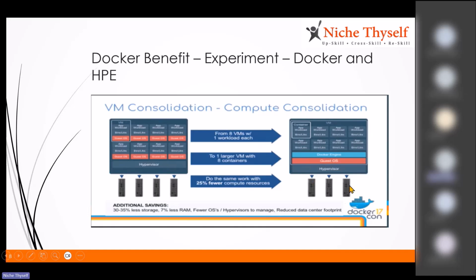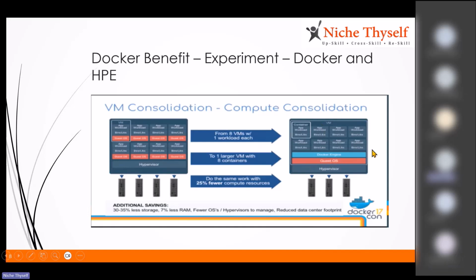Now here, this is my one single server, consisting of multiple hardware, and I'm running VMs on top of it. You can see here, this is the hypervisor. Hypervisor has its guest OS, and on that guest OS, we have a Docker engine.